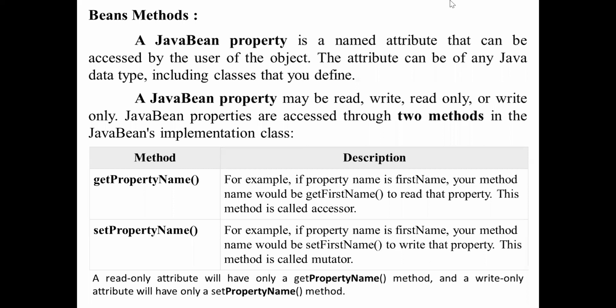Read only attributes will have only a get property name method, and write only attributes will have only a set property method. Get property means read only, and set property means write only attributes. So these are the bean methods.